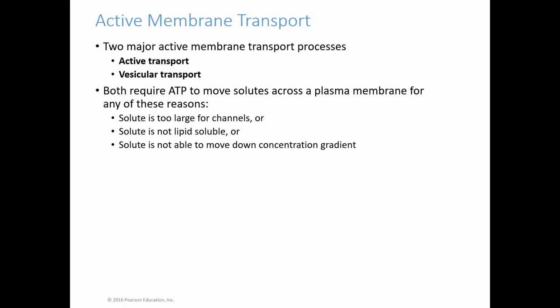If you have lots of sodiums outside of a cell, that's a technical term, lots of sodiums outside a cell and a few sodiums on the inside of the cell, and you want to get rid of those sodiums that are inside the cell, they're not going to diffuse out on their own. The concentration gradient says, hey, let's all go into the cell. Those sodiums inside the cell don't belong there.